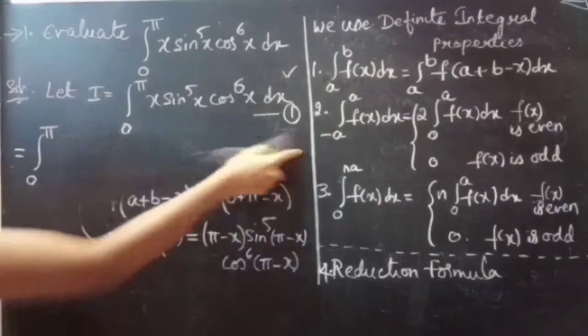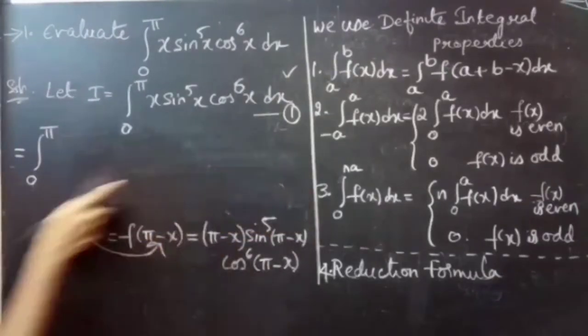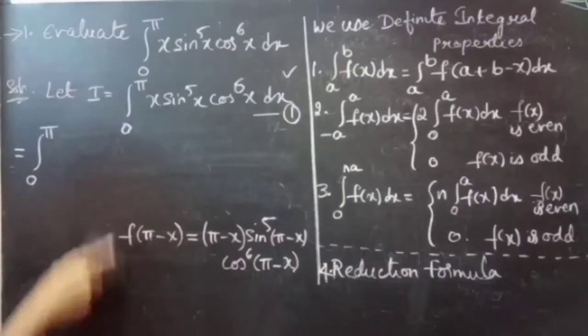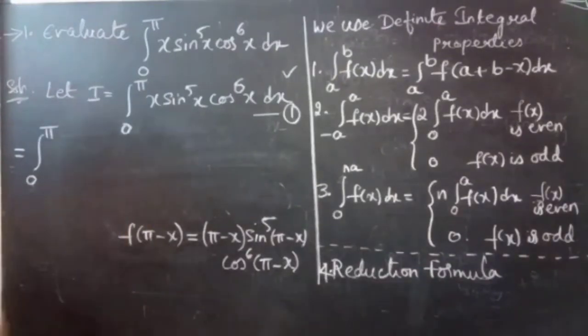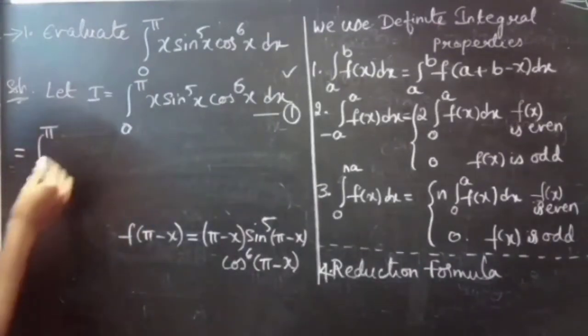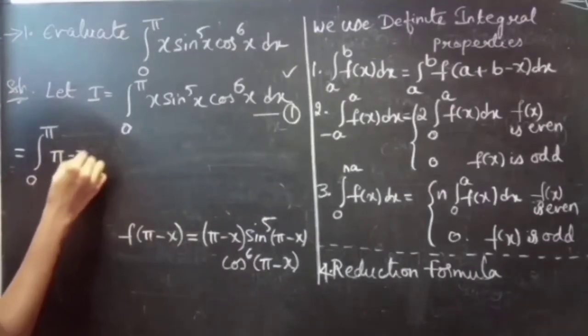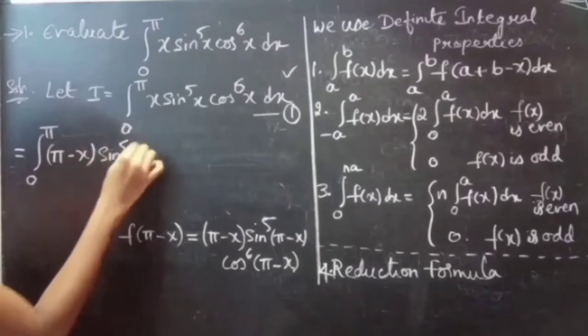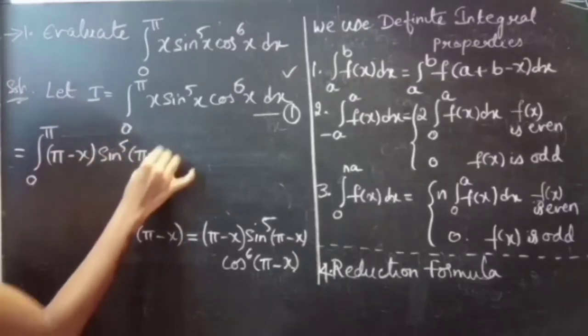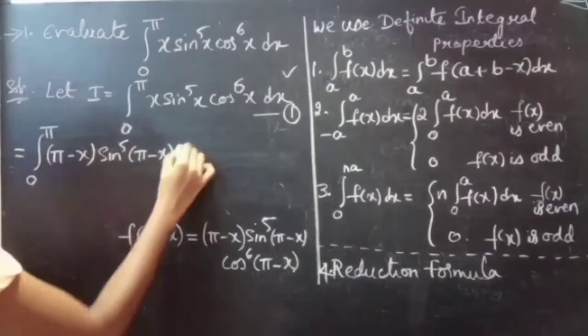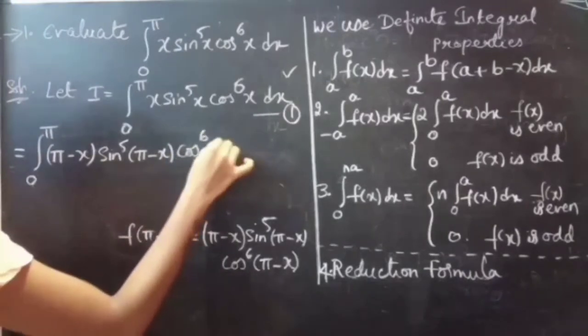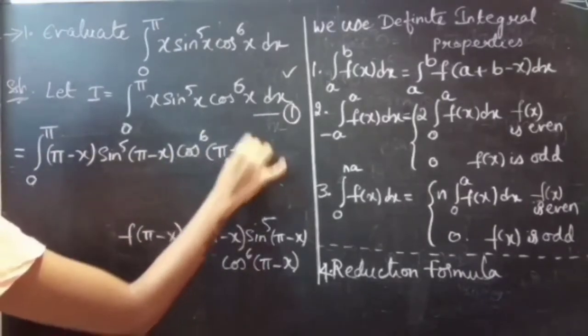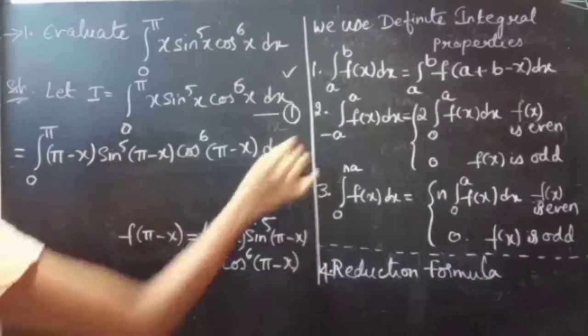So now equation 1 becomes integral 0 to pi, pi minus x into sine power 5 of pi minus x, cos power 6 of pi minus x into dx.